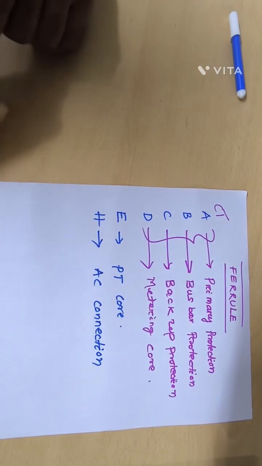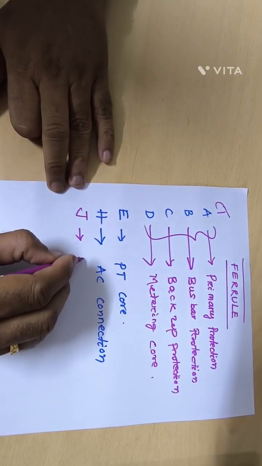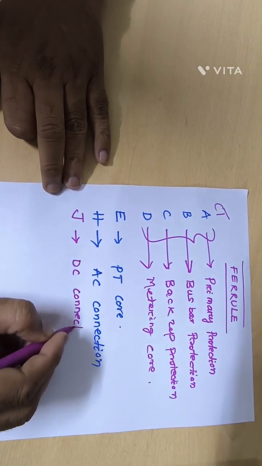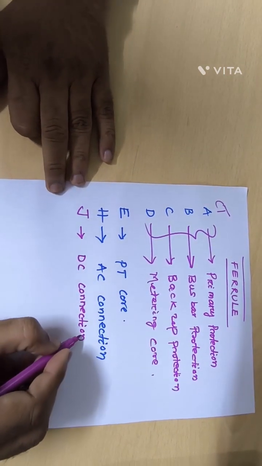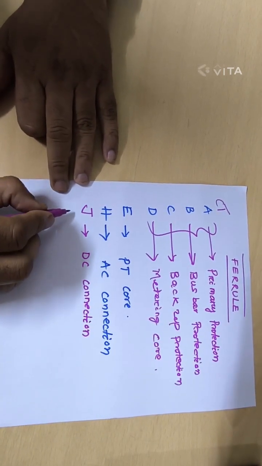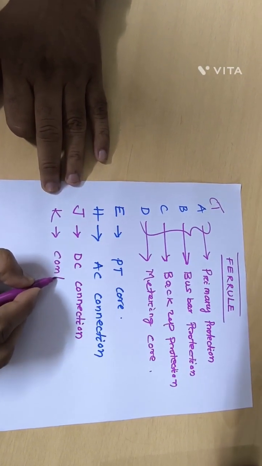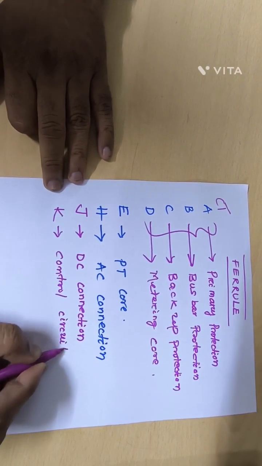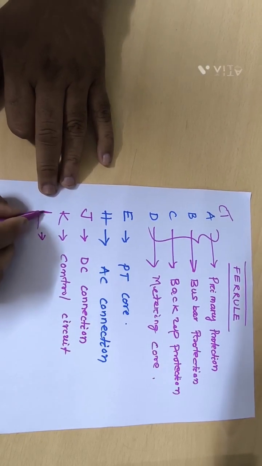If you have J, then it is a DC connection. Practically, I will show you how ferrules are utilized in a control relay panel. And if it is K, it is a control circuit. If it is L, it is called an indication circuit.